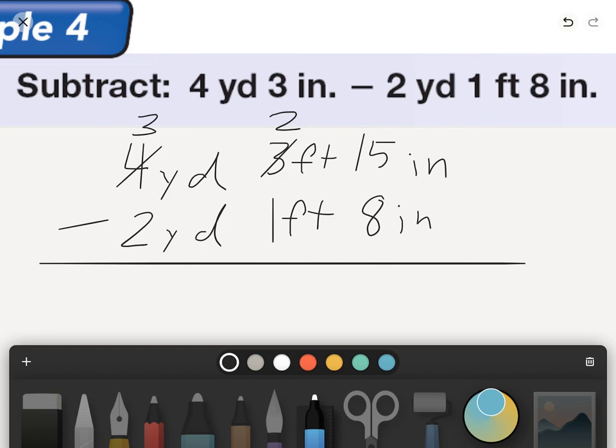And it's still the same distance that I started out with. 3 yards, 2 feet, 15 inches is still the same thing as 4 yards, 3 inches. Just saying it differently. And so now I can wrap it up. I can go, okay, well, then 7 inches, 1 foot, 1 yard, and ta-da!